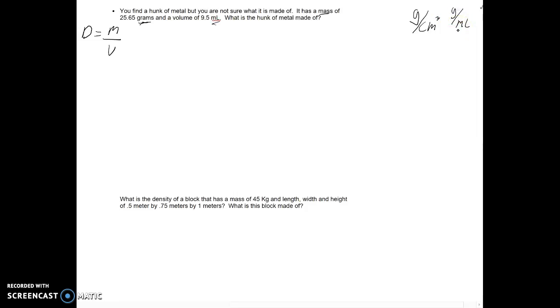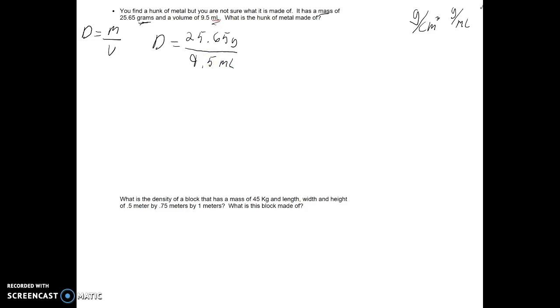I can just take those values and plug them in. So density equals my mass, which is 25.65 grams, divided by my volume, which is 9.5 milliliters.